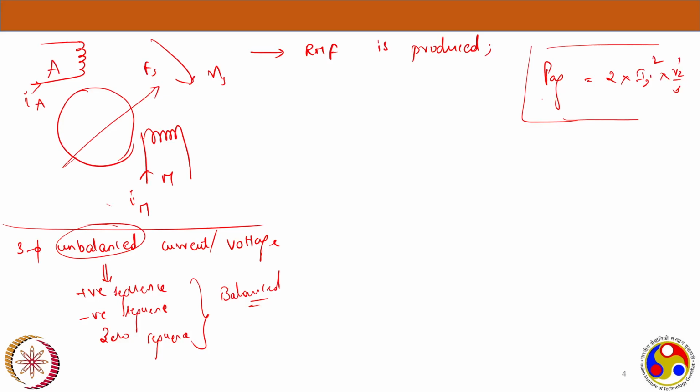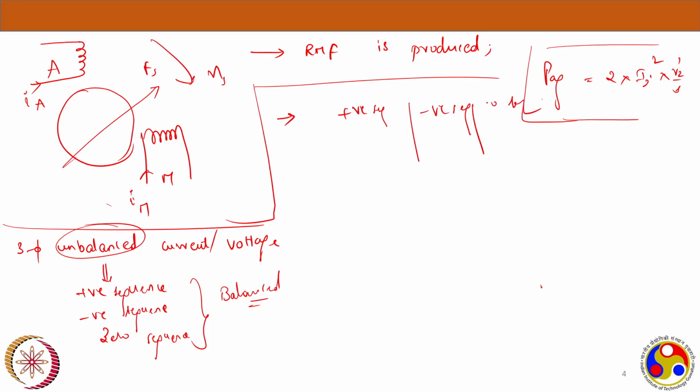So, see, you have a three phase, and the first step is we do the positive sequence, negative sequence, and zero sequence.